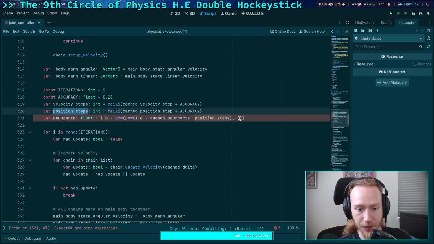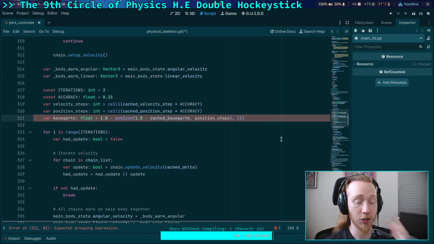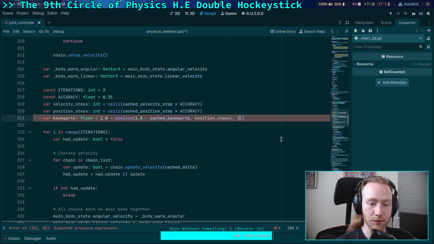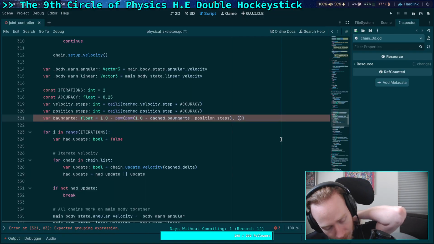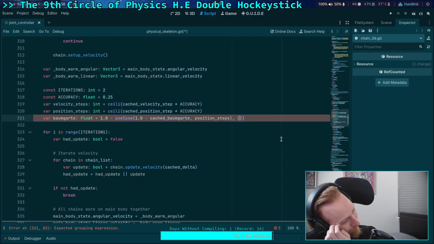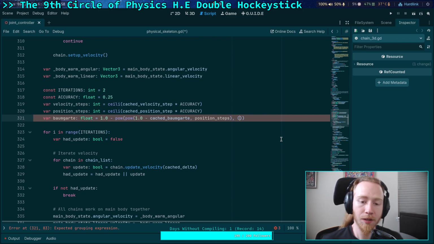Oh, I guess I actually have it then. Never mind. So this would be position steps over... Oh, wait, this is supposed to be cached.